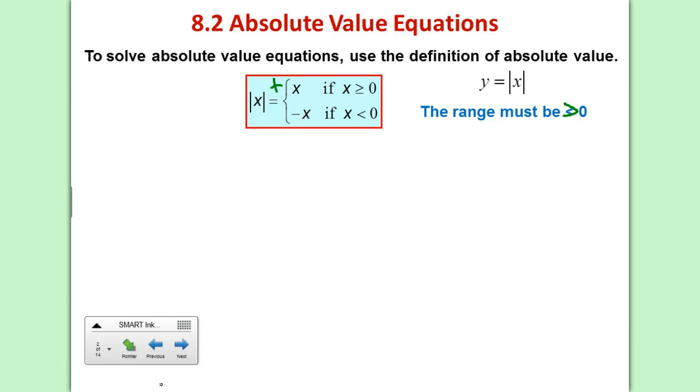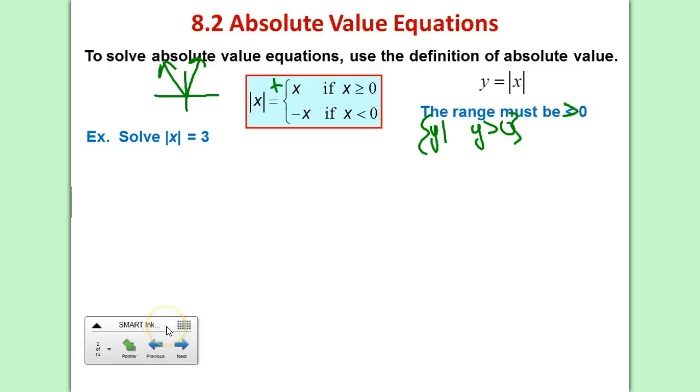So in other words, when you graph this, y must be greater than or equal to 0. If you type y equals absolute value of x into your graphing calculator, you see the positive part and the negative part of the graph, but clearly the range is y such that y is greater than or equal to 0. You can't ever get a negative out of an absolute value.